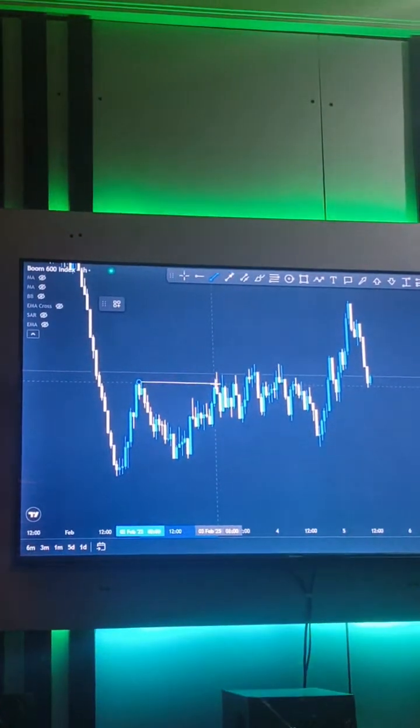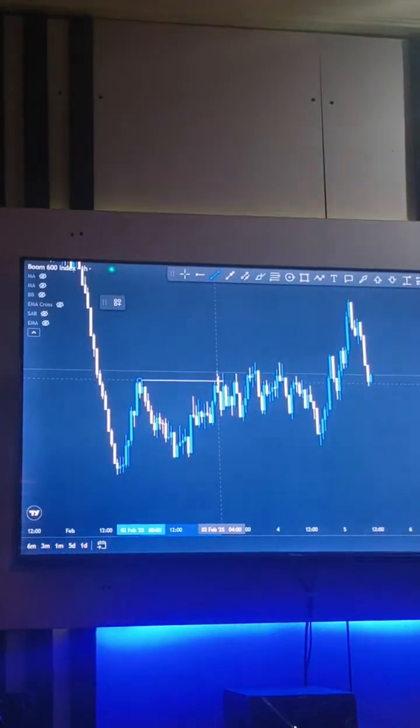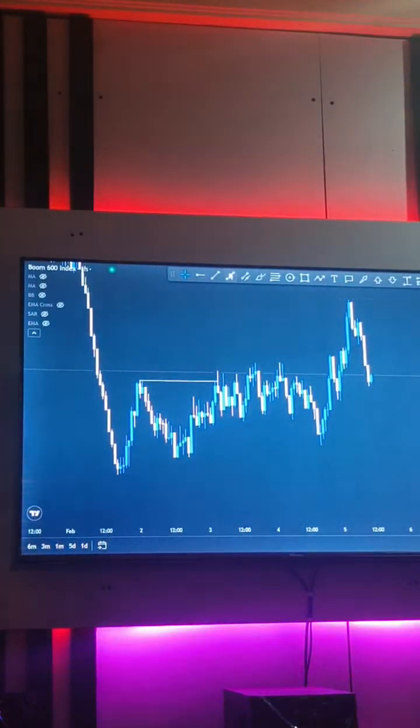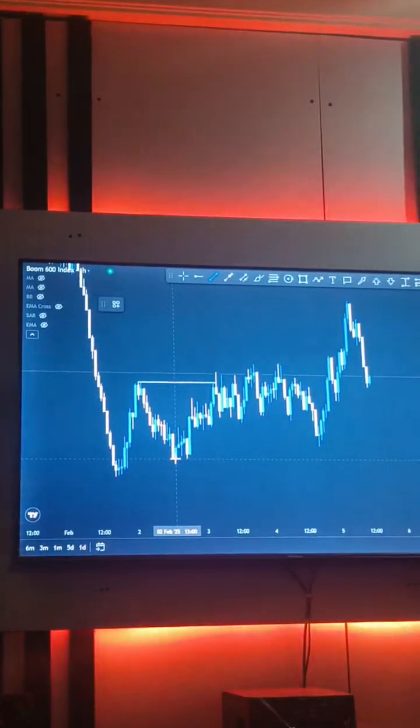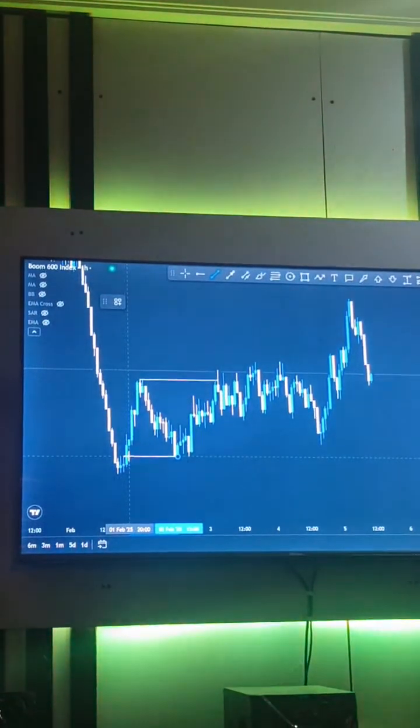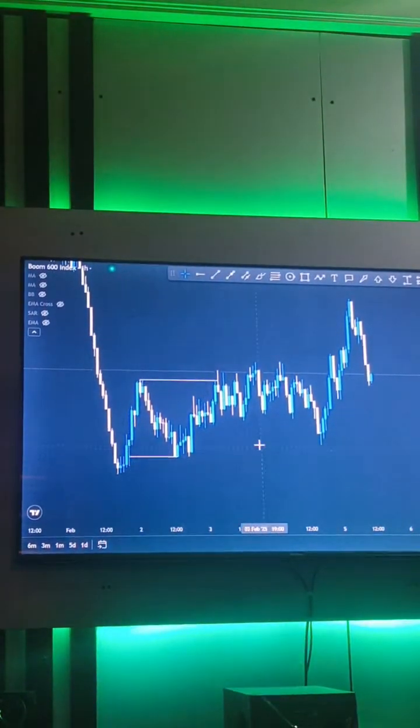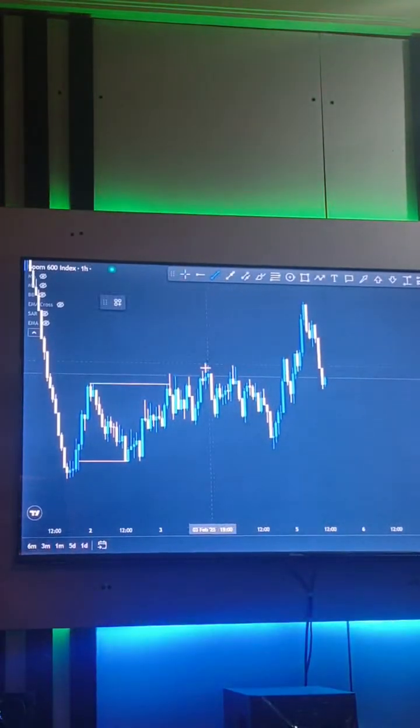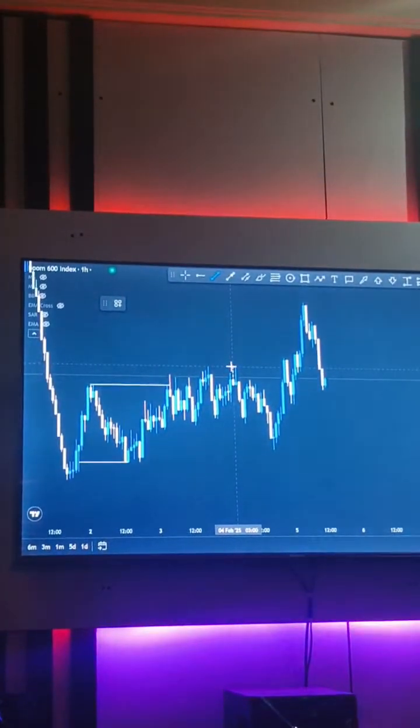Now I'm looking for a high that leads to a low, and a low that leads to a high that breaks the previous high.